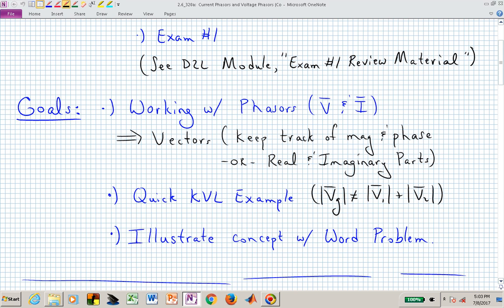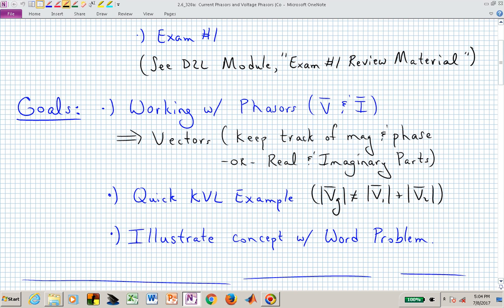And then we'll get into everyone's favorite, which is a word problem. And I know that you enjoy word problems from previous educational experiences. Think elementary, middle school, high school, math classes.